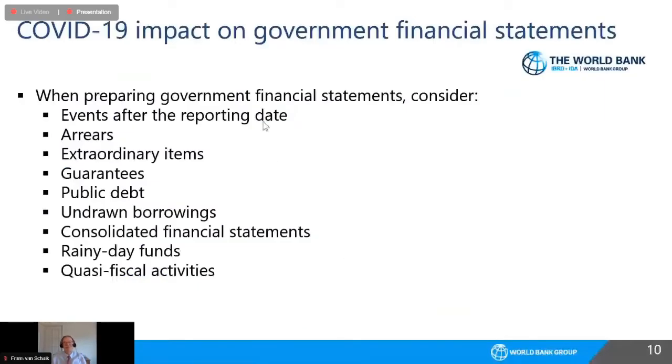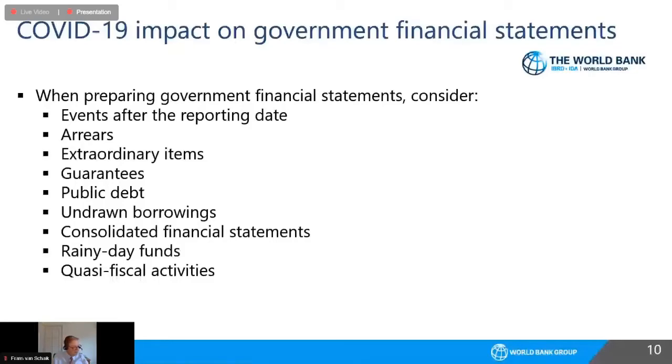So let's go to some typical accounting areas which would be influenced by COVID-19. Let's take one fundamental question. Many of us accountants know this term: the event being an adjusting event or a non-adjusting event.